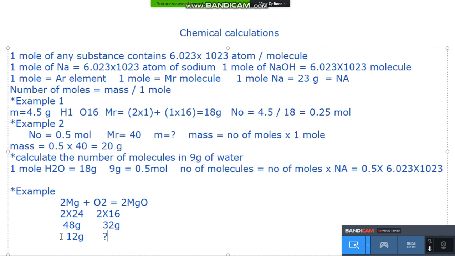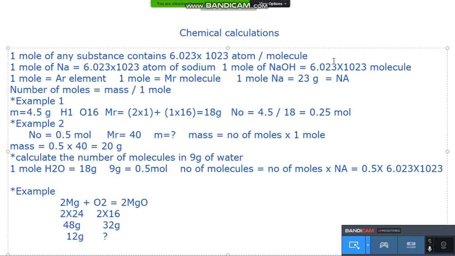This is the question. We use cross multiplication, but you have to read the question very carefully before you answer, to know what you want to calculate.